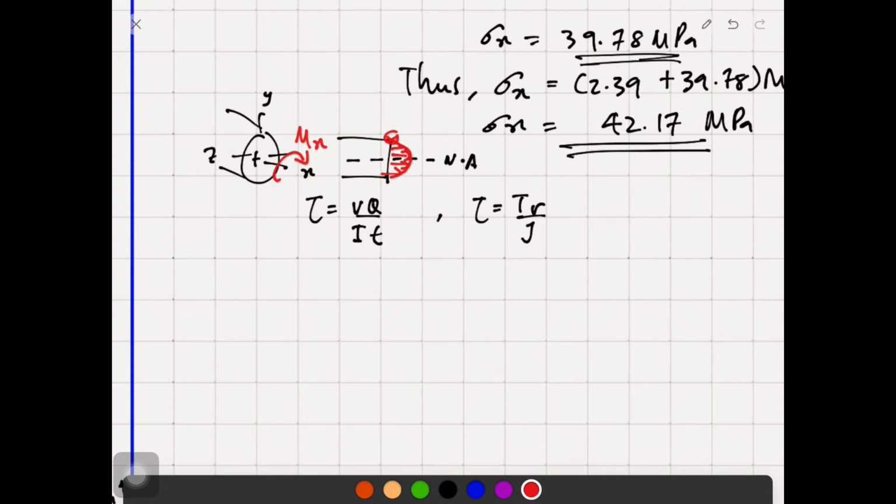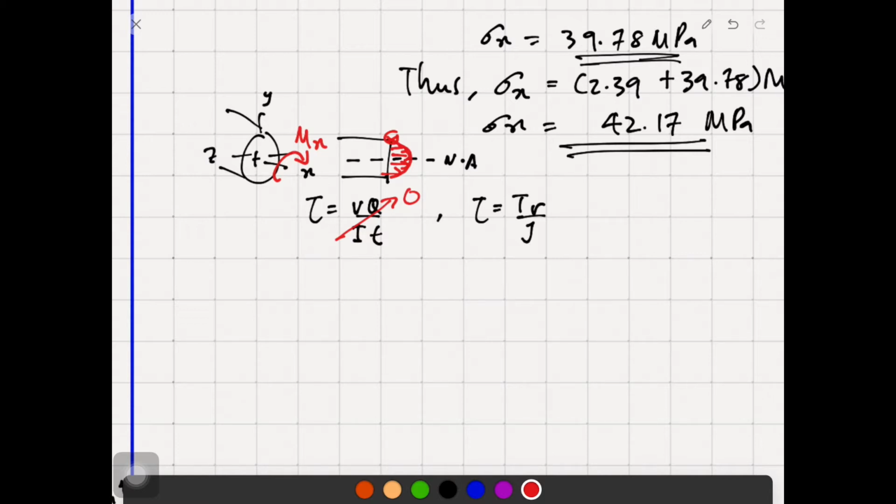Transverse shear is going to be 0 at the location of the outer skin, so according to the moment that we have right now, moment x, the transverse shear we can say is equal to 0, because the stresses due to transverse shear don't exist, since point E is located at the outer skin.